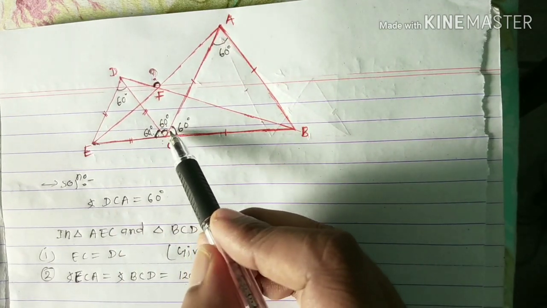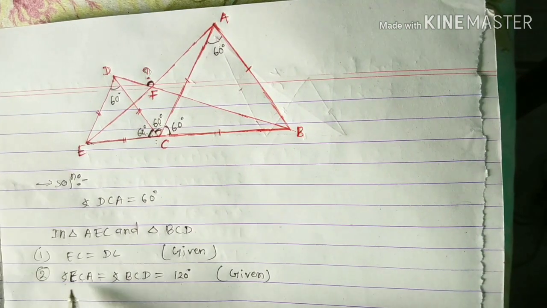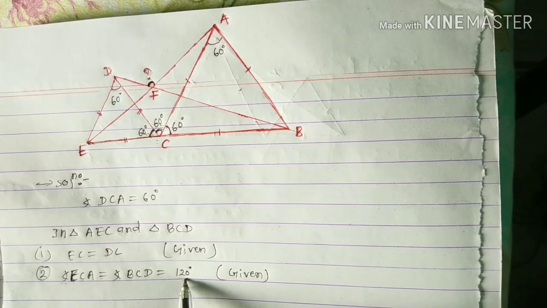So both these angles are 120 degrees. Therefore I have written angle ECA is equal to angle BCD is equal to 120 degrees.